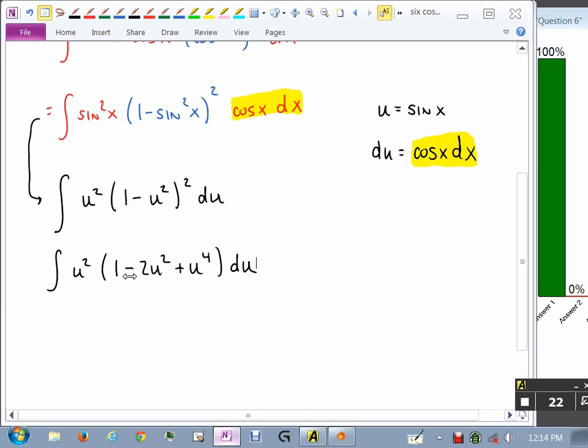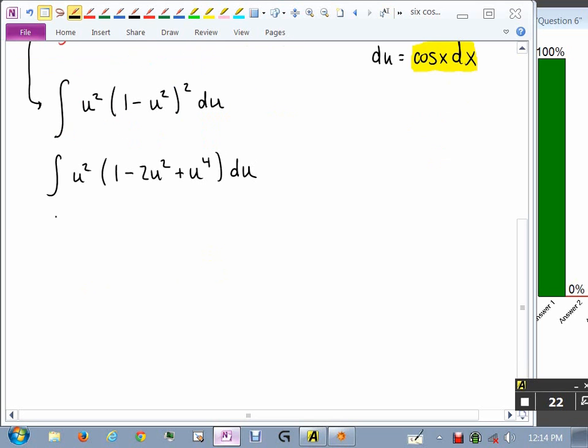Got these three terms after I simplified. And now I'm going to distribute my u squared through to each one. So I've got u squared minus 2u to the 4th plus u to the 6th du. I should have already said dot, dot, dot, okay? But I'm going a little bit further on this one.